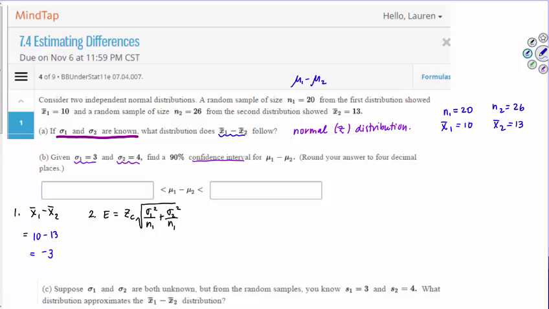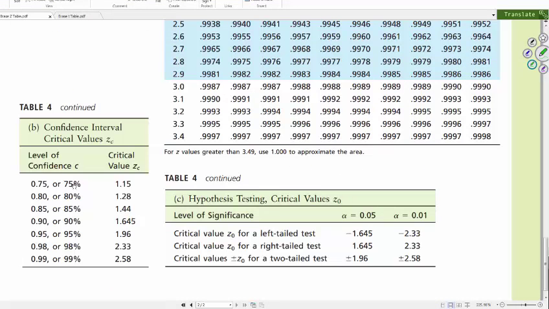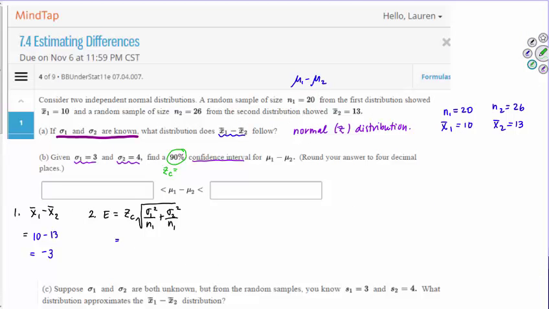So if we were to plug in this information, we need to find the critical value of z. For a 90% confidence interval, we have a critical value of z from the z table. Here, critical values of z, 90% is 1.645.